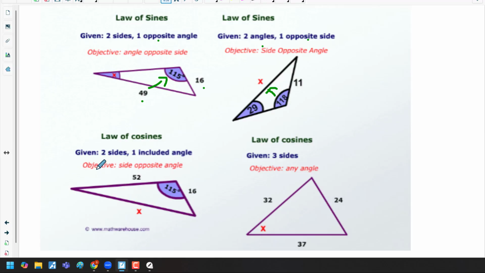The law of cosines is when you're given 2 sides and 1 included angle, meaning the angle between those 2 sides, or you're given any 3 sides and the objective is to find any angle. And I should have mentioned the objective here is to find the side opposite the angle, meaning you're finding the remaining side that's missing because you're given 2, right? And in sine law, you're looking for the angle opposite the side, or the side opposite the angle. That's what you're looking for in this scenario when you're given 2 angles and 1 opposite side.